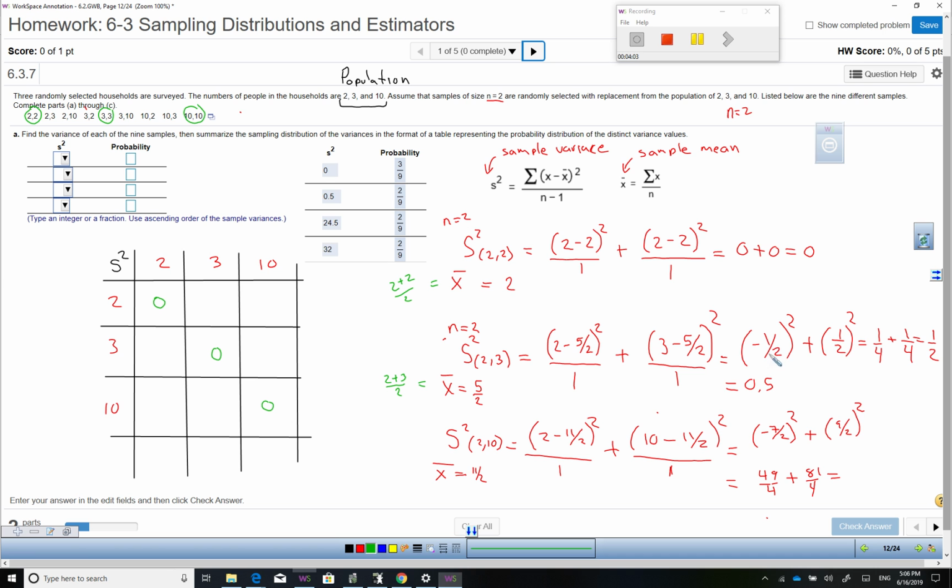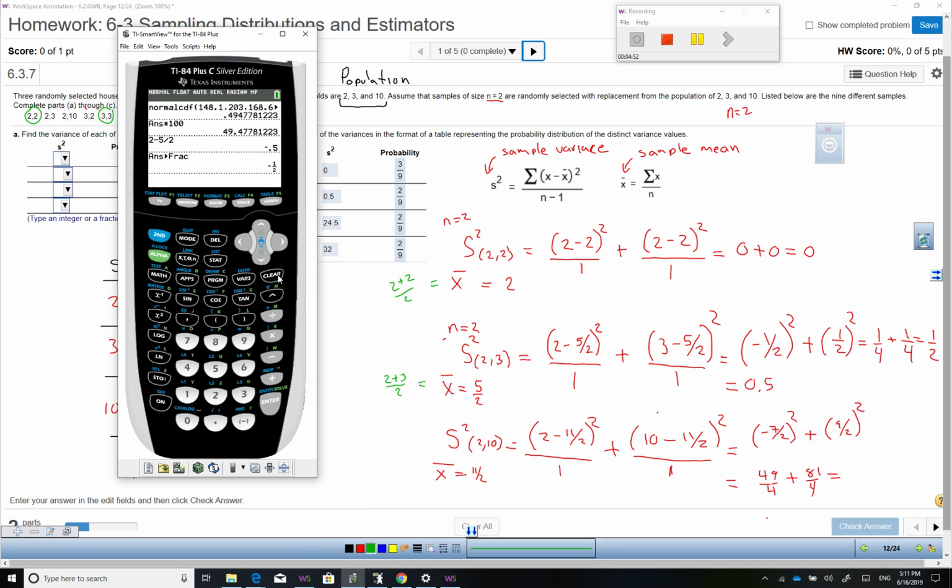That's negative 1/2. If you forgot how to add and subtract fractions, you can actually type it on the calculator. Type 2 minus 5 over 2 and the calculator returns the resulting decimal number, but you type math 1, and that converts that decimal number into a fraction, negative 1/2.